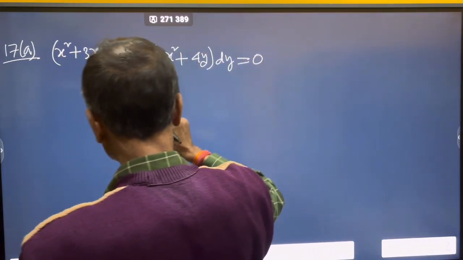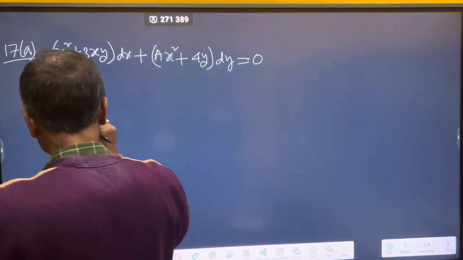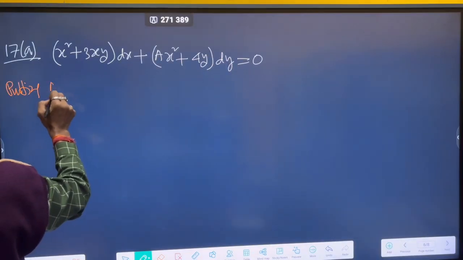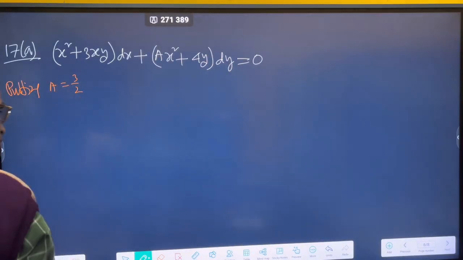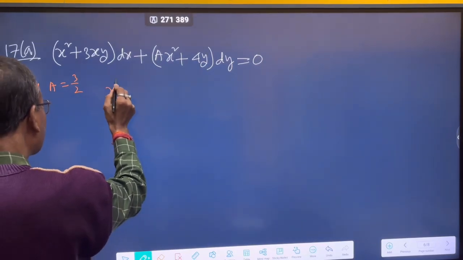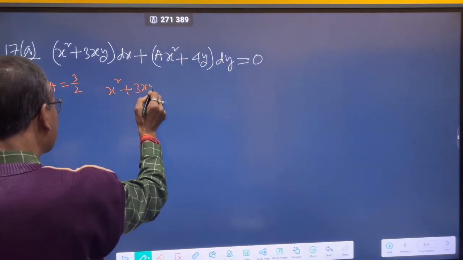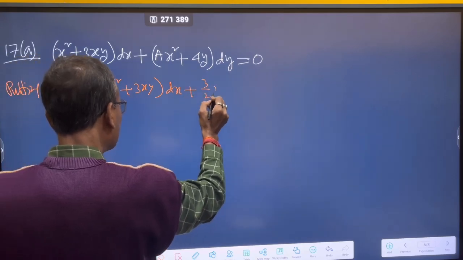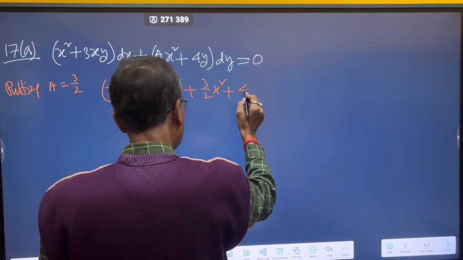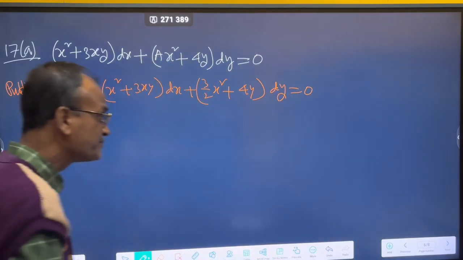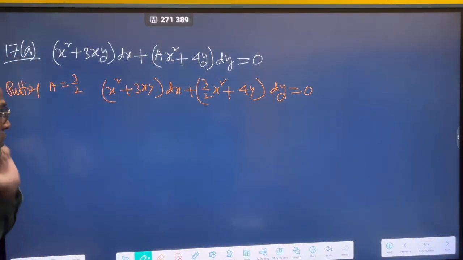Putting A equal to 3 by 2 in the differential equation, it becomes x square plus thrice xy dx plus 3 by 2 x square plus 4y dy equal to 0.